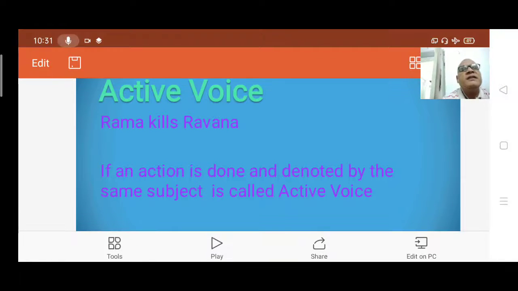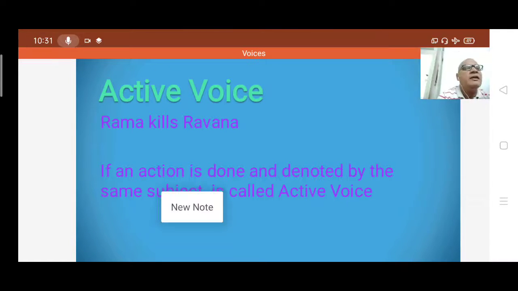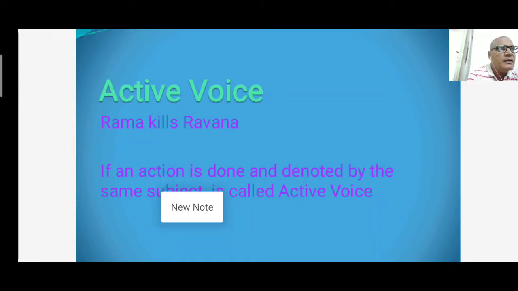One good example is Rama kills Ravana, or Rama killed Ravana. Rama will kill Ravana is also an example, because simple present tense, simple past tense and simple future tense are the three examples: present, past and future.